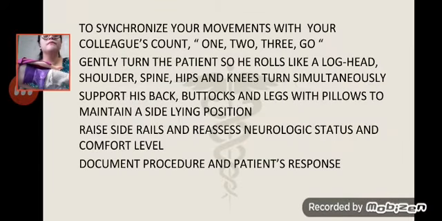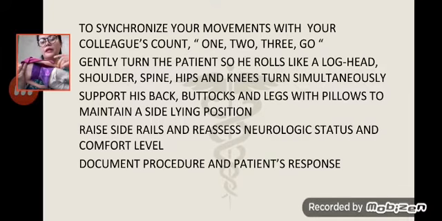Then after that, to synchronize your movements with your colleagues, count from 1 to 3, which we did before. Then gently turn the patient so he rolls like a log. The shoulders, spine, hips, and knees turn simultaneously. Support his back, buttocks, and legs with pillows to maintain a side-lying position.